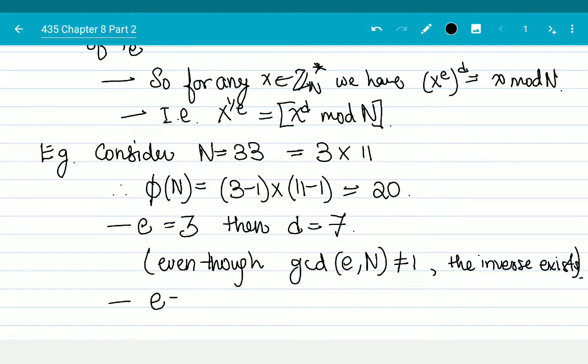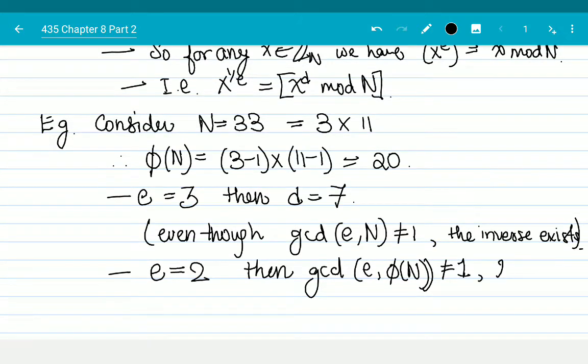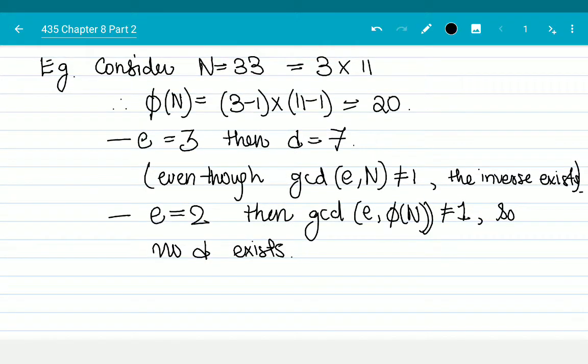If e was equal to 2, then GCD of e and phi n is not equal to 1, so no d exists. And this is easy to see.